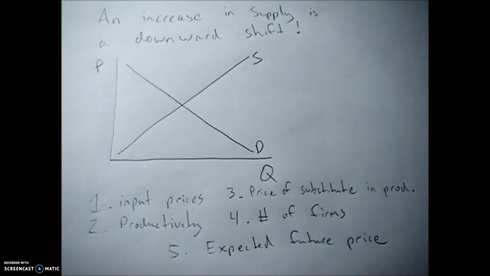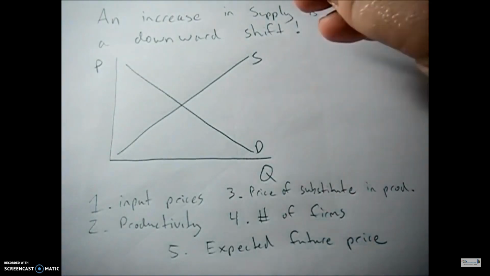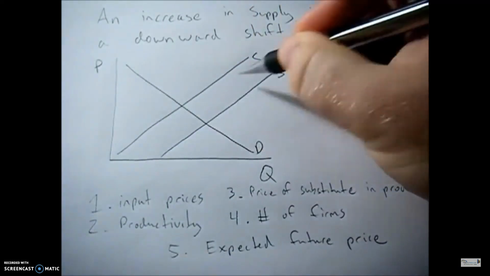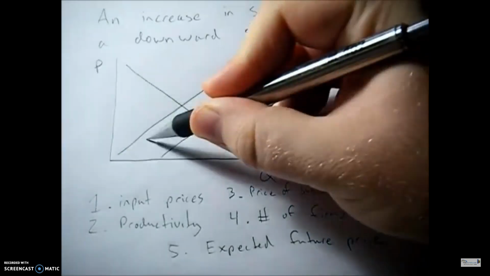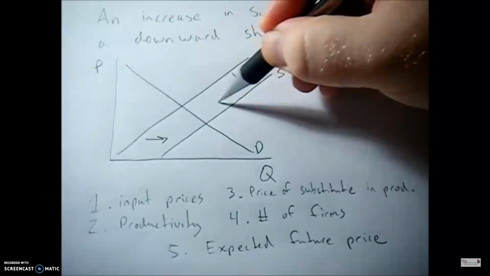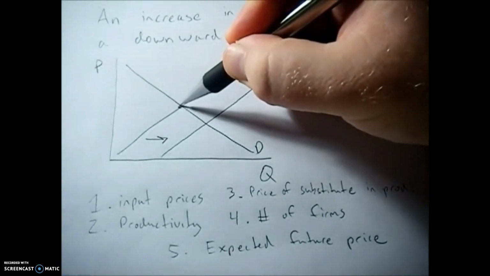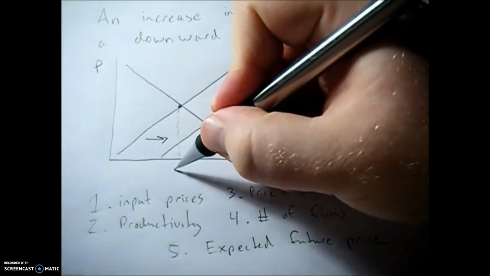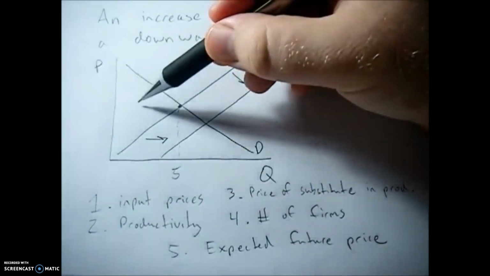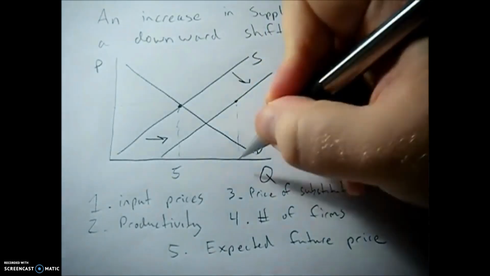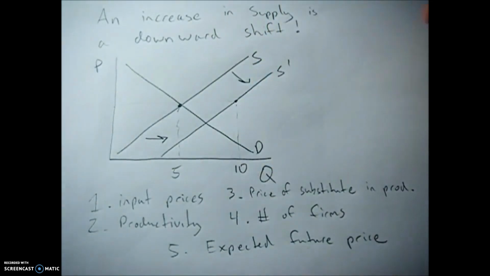Short video showing how we demonstrate an increase in supply on our supply and demand graph. An increase in supply is a downward shift or a rightward shift. So think of holding price constant. The quantity supplied on this supply curve would be, say, 5, but at the same price, the quantity supplied after an increase in supply would be 10.